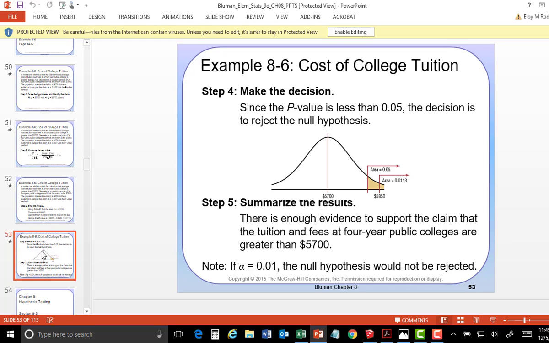Correct? If we would have had an area that was bigger than 0.05, then we accept. Did you see? I didn't have to actually calculate my critical value. I'm just simply looking at the area from this far out compared to the area from the test statistic out.